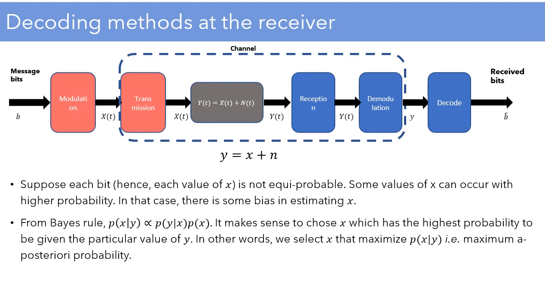This p(x) is the distribution of x, which we also call the prior. So it makes sense to choose the x which has the highest probability given the particular value of y. In other words, we select x that maximizes p(x given y), which is nothing but the maximum a posteriori probability. That is why we also call it MAP estimation or MAP decoding.